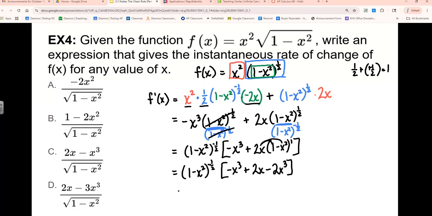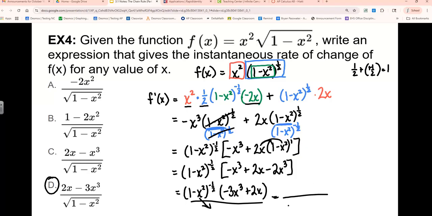I can combine some like terms here. Negative 3x to the third plus 2x. All right, so looking at my answer choices, do you guys see it? Which one's it going to be? It's going to be D, because I can send this right here back down to the bottom.